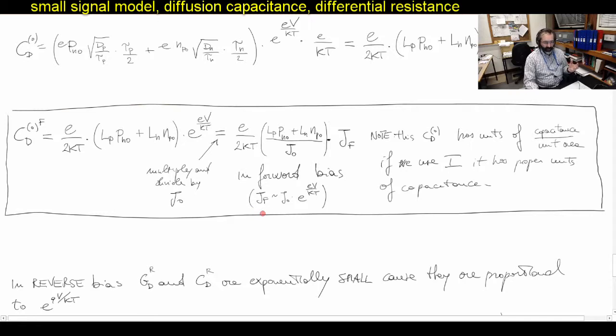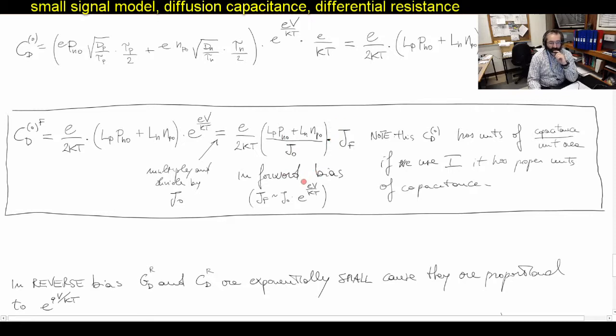using the fact that, remember, in forward bias J is effectively J0 times e to the eV over kT, we are basically saying that the exponential is much bigger than the -1. That's all. And so if I wanted to replace some terms to make JF appear, the value of the current at the quiescent point, I should multiply and divide by J0, so that J0 times e to the eV over kT is JF, which I made appear here, and so everything has to then be divided by J0.